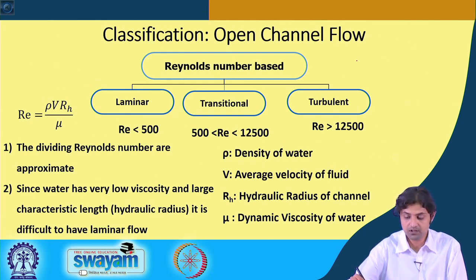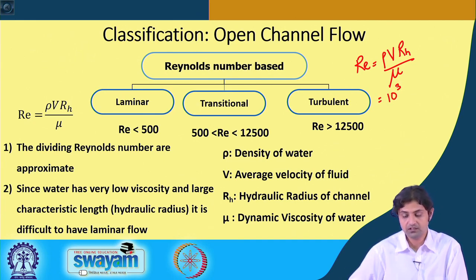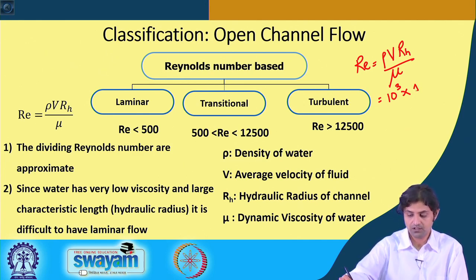Reynolds number is given as rho v R_H by mu. Water density is of the order of 10 to the power 3. Hydraulic radius for an open channel could be of the order of 1 meter. Velocity, let us say the smallest velocity would be like 0.1 meters per second.